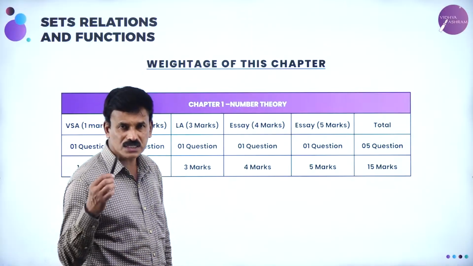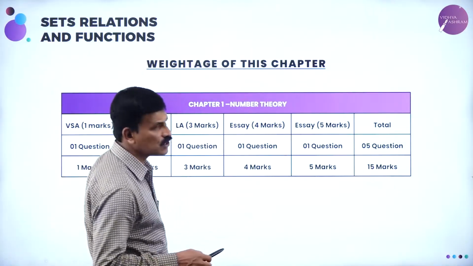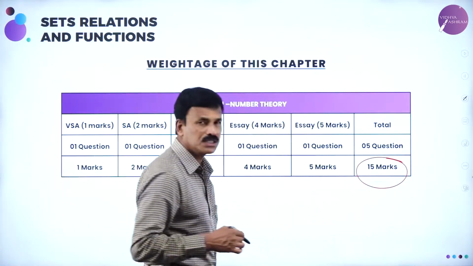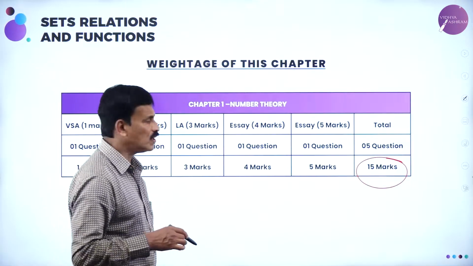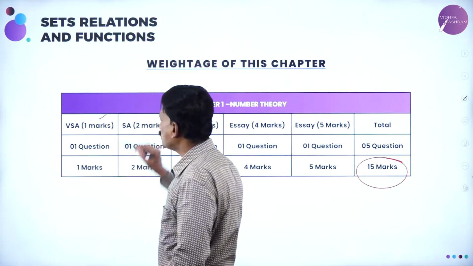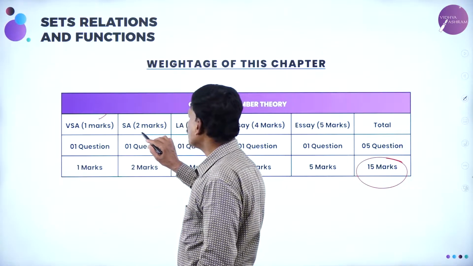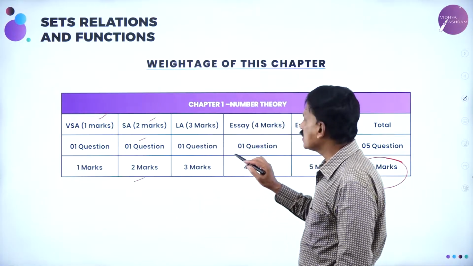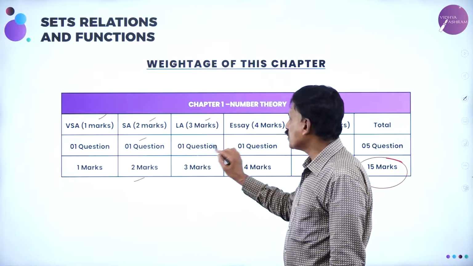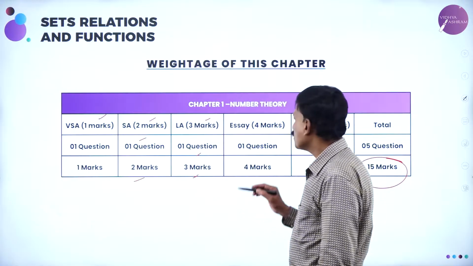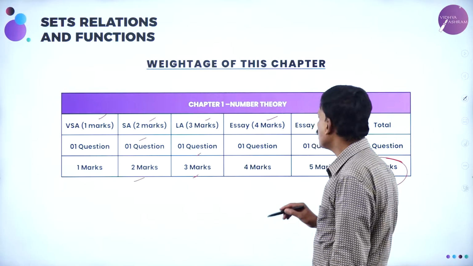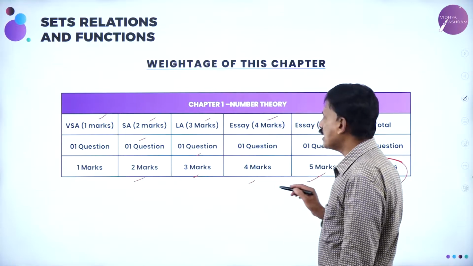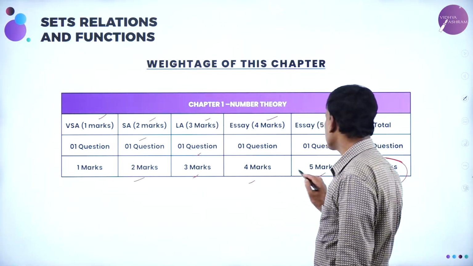Now, before going into the chapter, let us know the weightage of this chapter for the final examination. The total marks in this chapter is 15 marks. You will get a 1 mark question, a short answer 2 marks question, a long answer 3 marks question, a short essay type question for 4 marks, and a long essay type question for 5 marks.